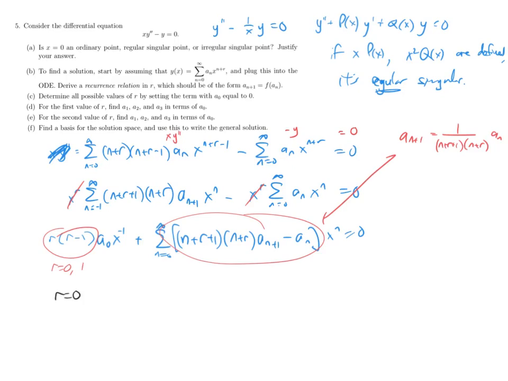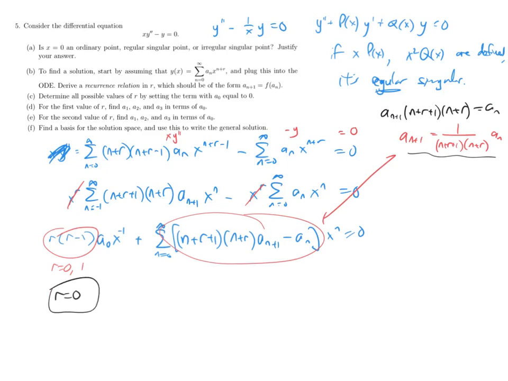I want to emphasize that I'm solving for a_{n+1}, but in general, (n+r+1)(n+r) a_{n+1} = a_n.